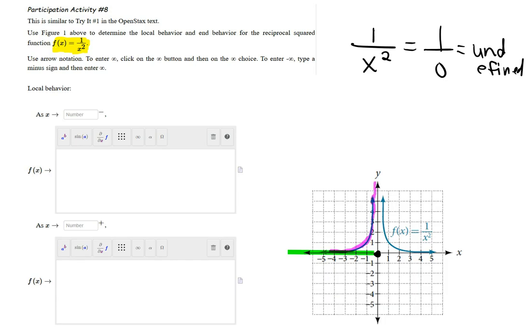It gets closer and closer to the y-axis, but it never touches it. So eventually it ends up at positive infinity. I don't know why I wrote a negative there.